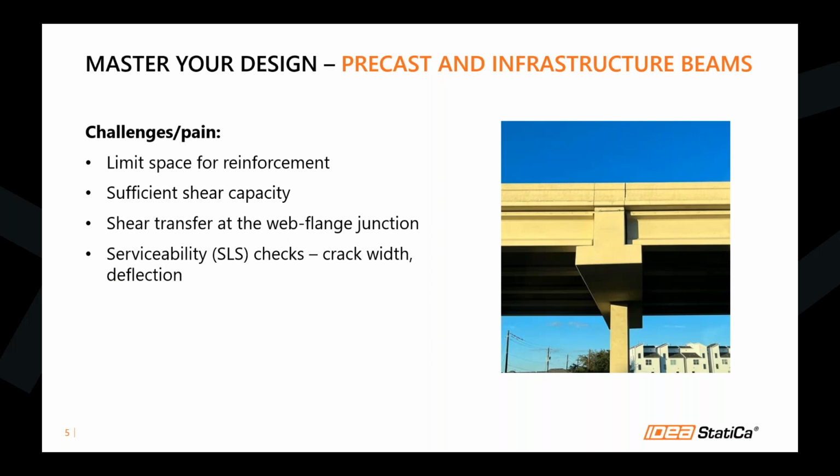And if the shear transfer is not properly assessed, then we might face serious issues. One of them can be slippage between the web and the flange of the beam, cracking at the junction, especially premature cracking, local crushing of concrete, and all of this actually affects the overall stiffness of the beam.